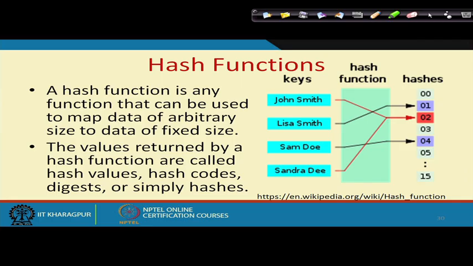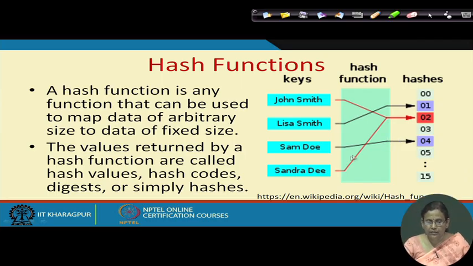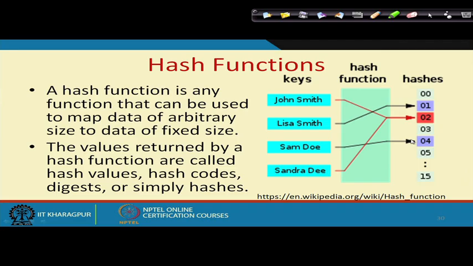For example, if these different names pass through a hash function, they produce some hash numbers. Given this data, it is very difficult to reverse from the hashes, from the message digest, to get the original data, but they give a number much shorter than the original message.